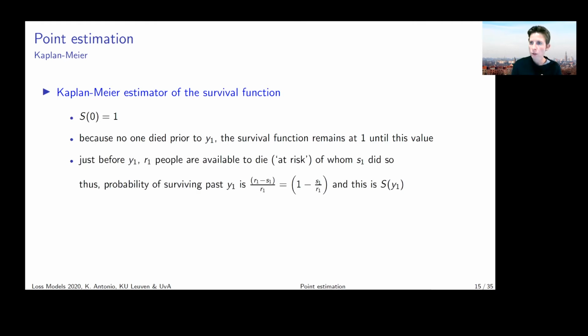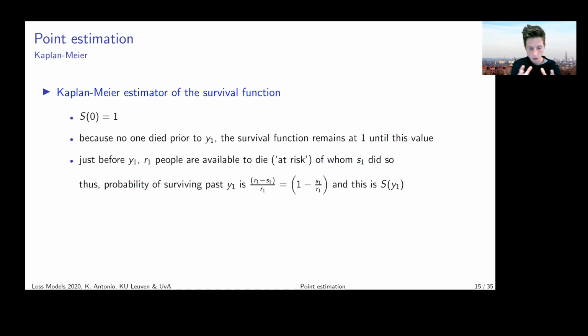And just before this point y1, we had the risk set R1 of people or claims or individuals who were at risk of seeing the event of interest, and one of them actually observed the event of interest. That's how we defined S1, the number of times we observed the unique outcome y1.